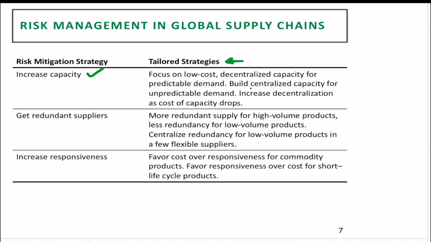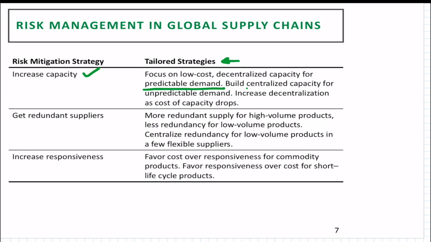While increasing cost, one has to look at what kind of demand we have. If it is predictable demand, then it is important to focus on low cost, decentralized capacity. But when demand is unpredictable, it makes more sense to build a centralized capacity and then increase decentralization as the cost of capacity drops.